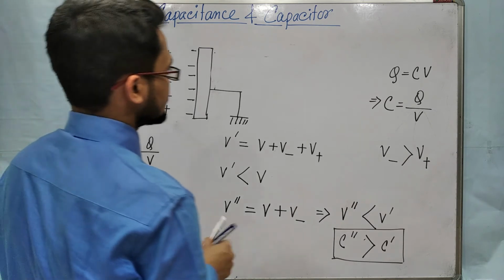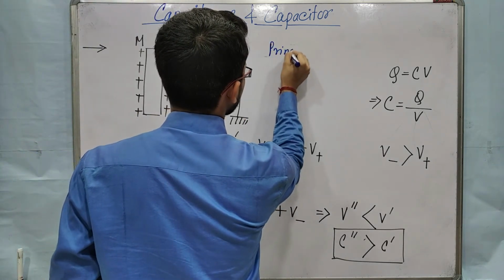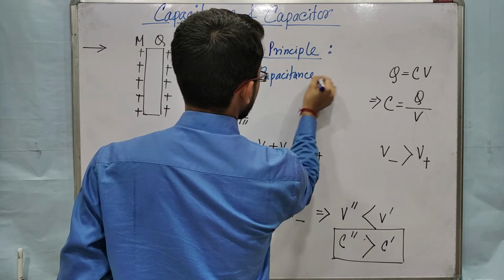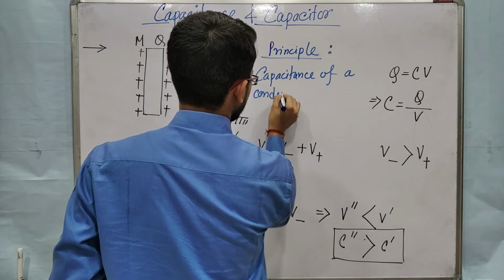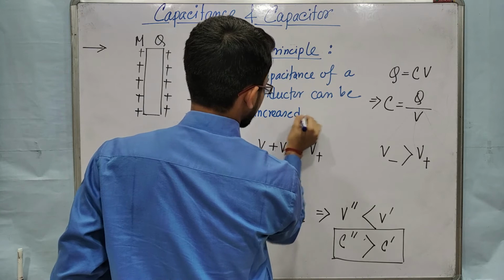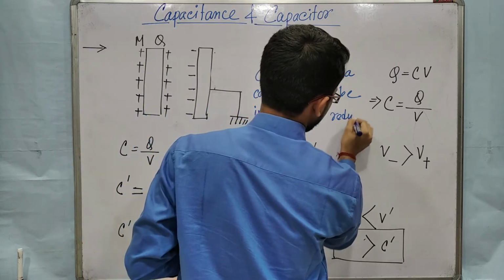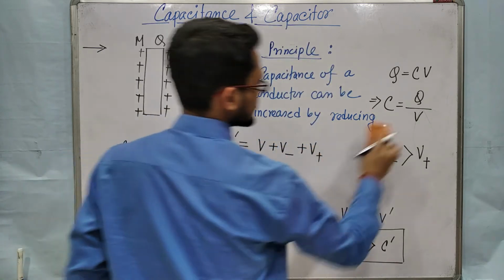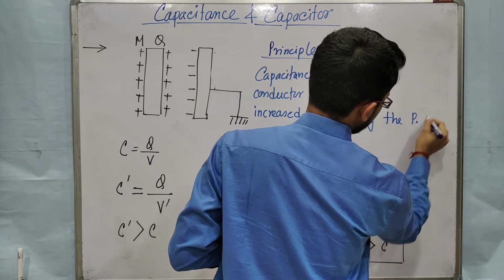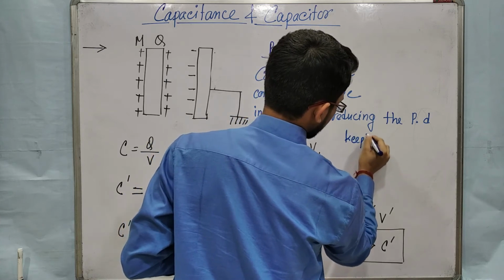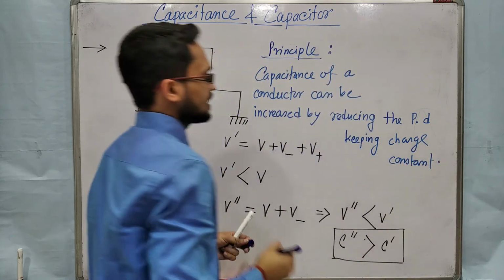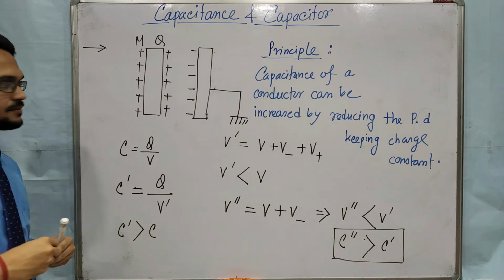Just remember the principle: the capacitance of a conductor can be increased by reducing the potential difference, keeping charge constant. This is the principle. Clear.